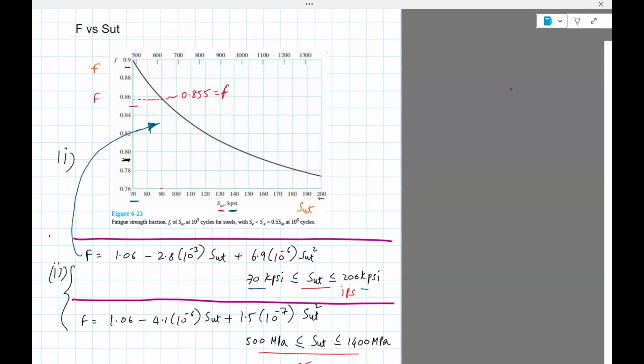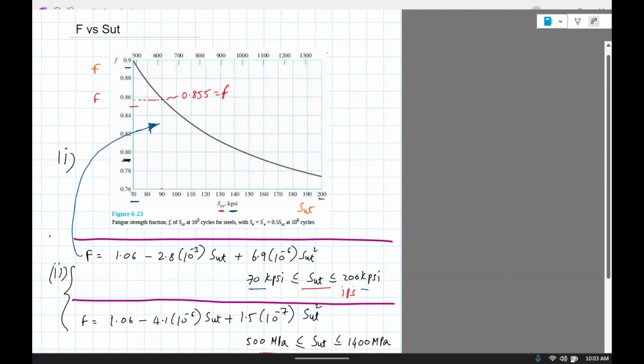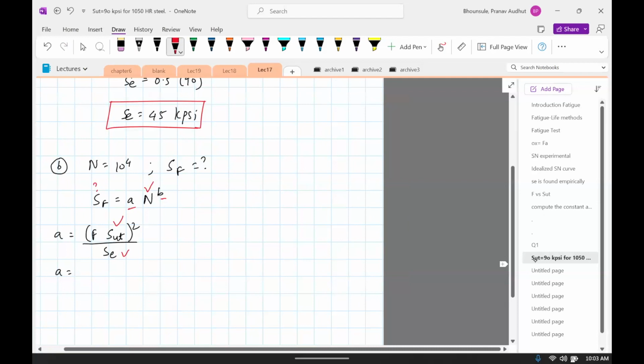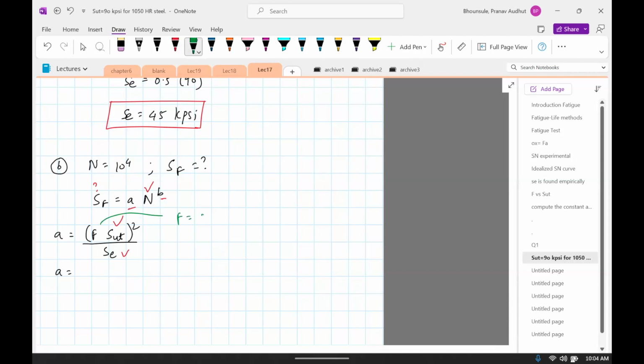You could also use this formula. Since SUT is between 70 and 200, if you use this formula, you'll get a much more accurate value. But let me just use the value from the graph. Either one is fine. So F is 0.855 from the F versus SUT curve.